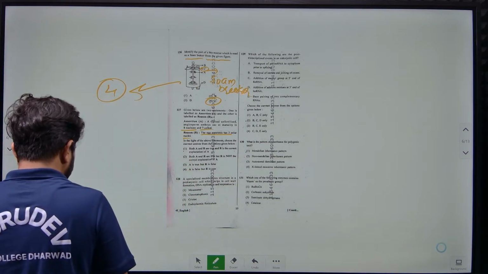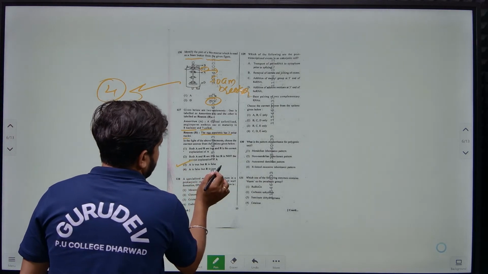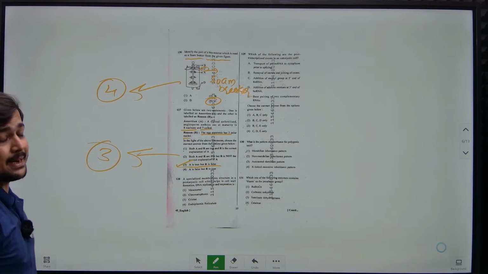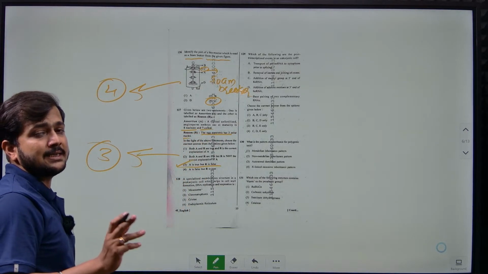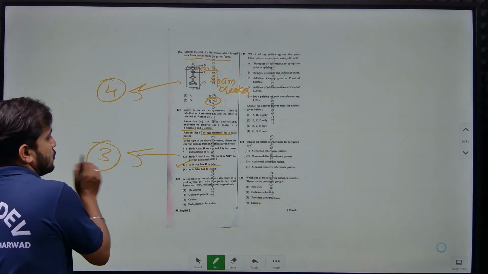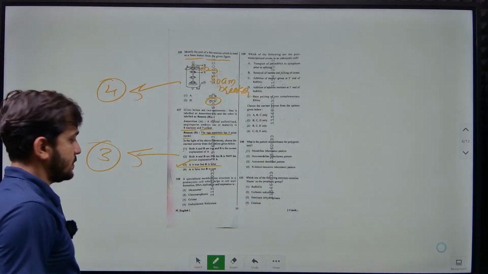So assertion is true and reason is false. That is particularly answer 3, right? So here option 3, because the egg apparatus actually consists of, not two polar nuclei, but two synergids and one female gamete, right? So here option 3 is correct, that is, assertion is true and R is false, right?